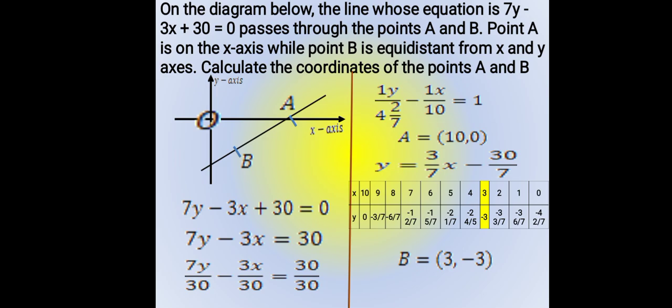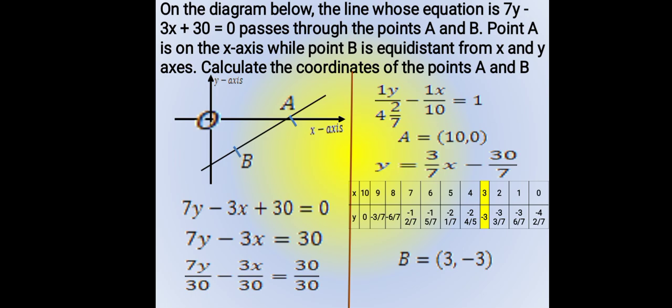Now let's write our line in that form. If we write our line in that form, it becomes y all over -30/7 and x all over 10 is equal to 1. So the y-intercept is at the point -30/7, and the x-intercept is at the point 10.